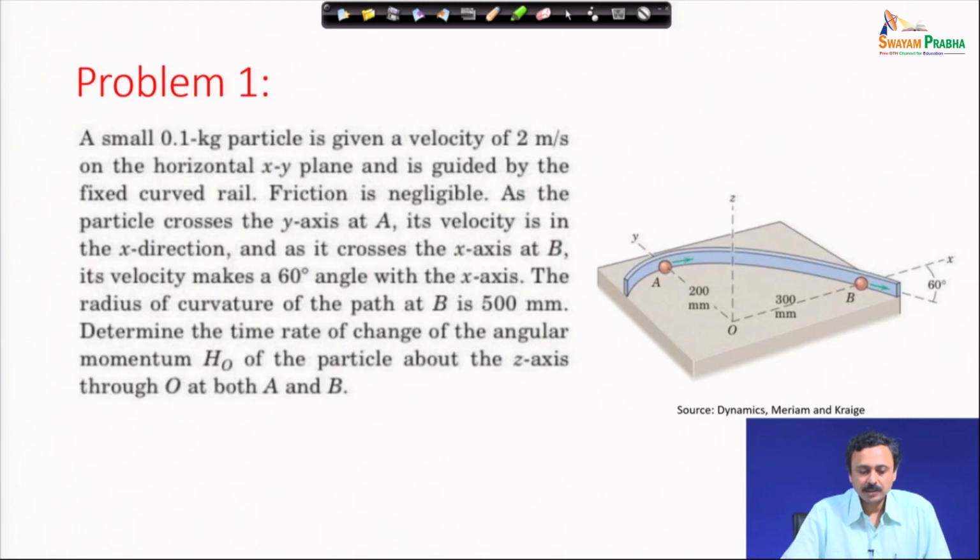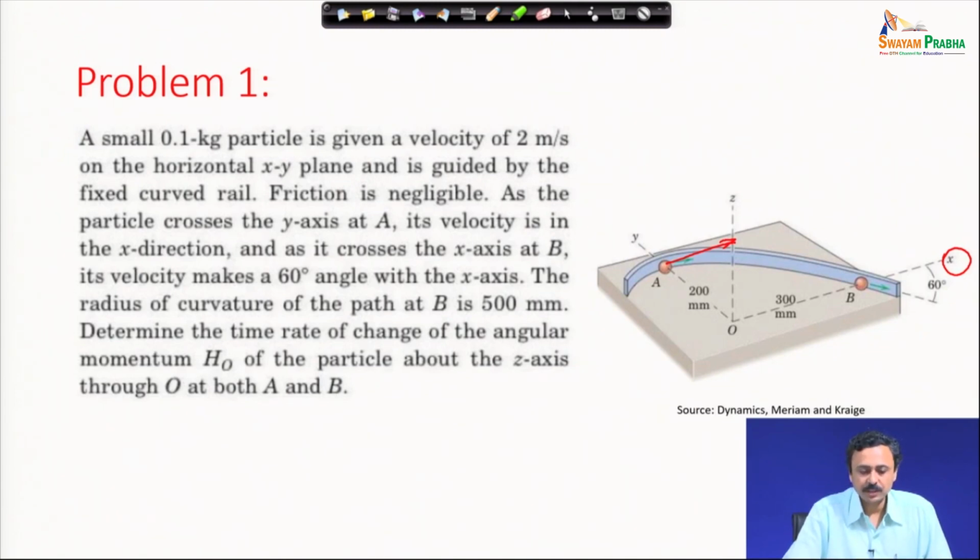As the particle crosses the y axis at A, its velocity is in the x direction. Notice that the velocity is in the x direction at this point A. And as it crosses the x axis at B, its velocity makes a 60-degree angle with the x axis. This has been shown in the figure.